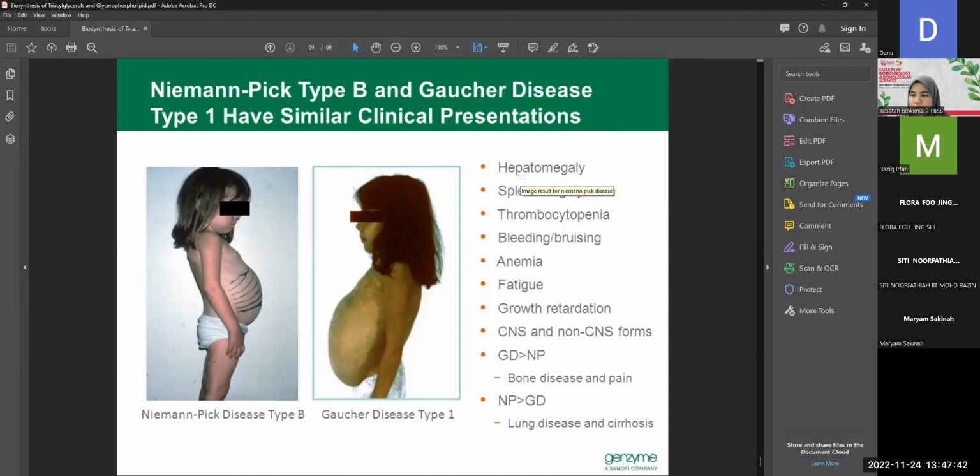Thrombocytopenia, bleeding, bruising, anemia, fatigue. It involves the central nervous system as well, and also bone disease, lung disease, cirrhosis. So these are the symptoms of lysosomal storage diseases.